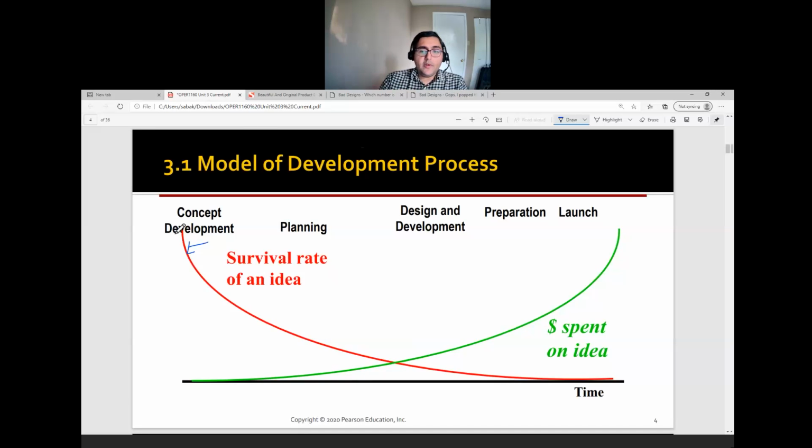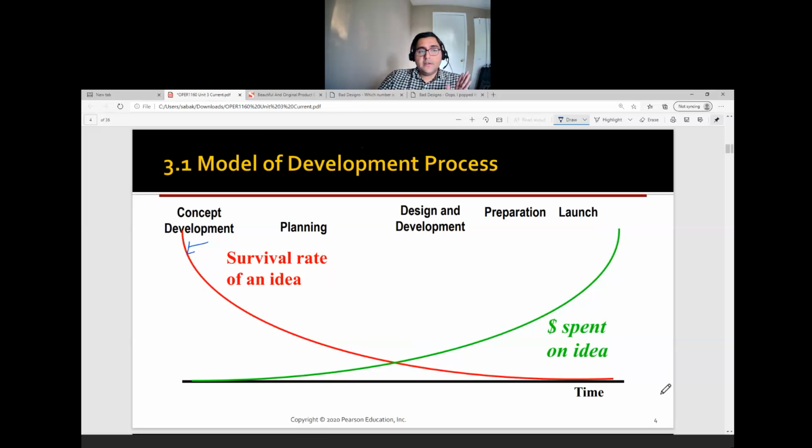So many people will have this idea. If you see here, the red graph represents that at the beginning stage, there are lots of people who have concepts or ideas which will solve the issues of the customer. But how many people take the plunge to move from an idea to an initial product? The planning phase will be very, very small.